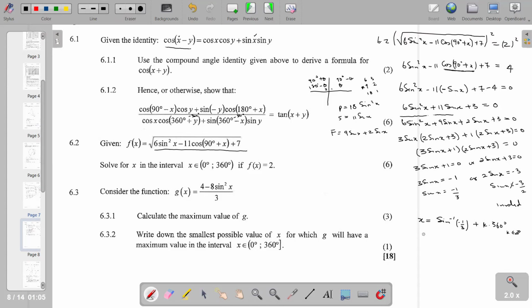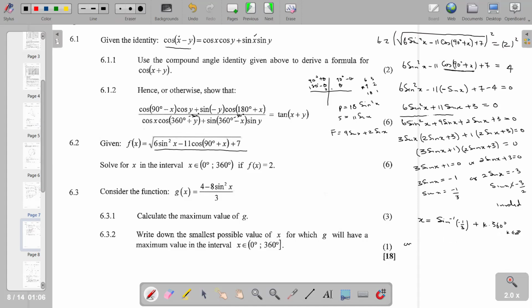Then this, we have to punch it on the calculator. Sine inverse negative 1/3.